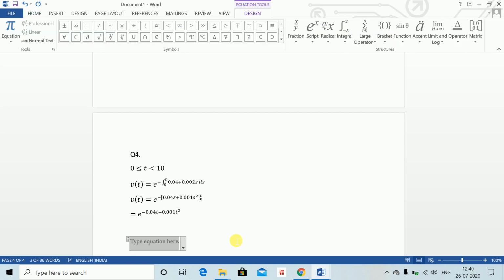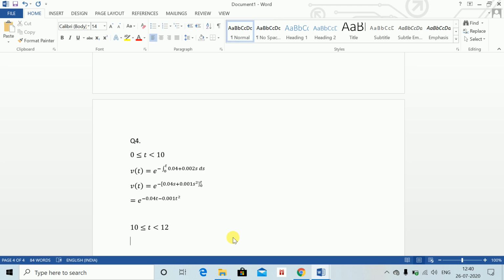Now for when 10 ≤ t < 12, we have to use two discounting factors.